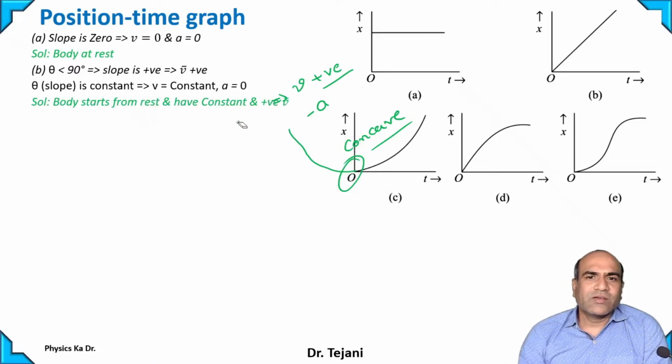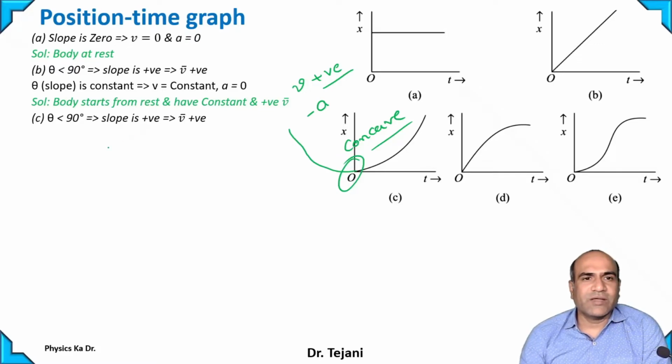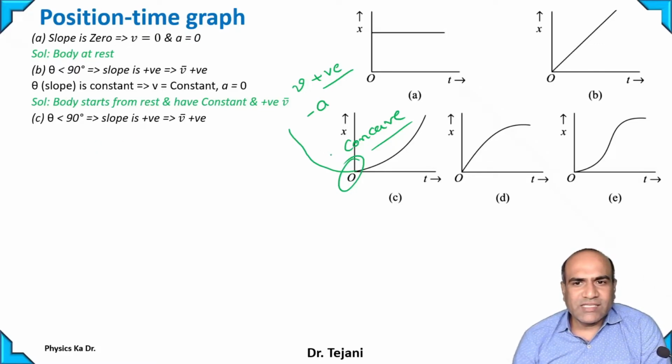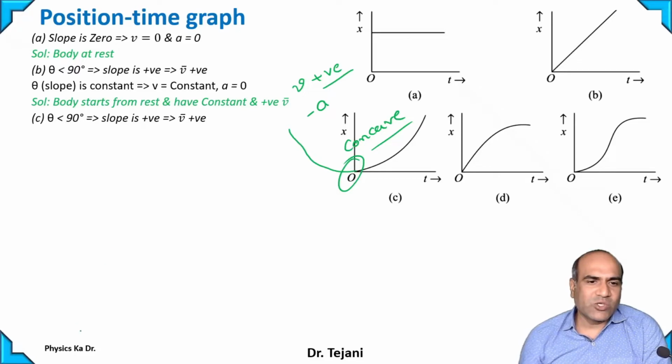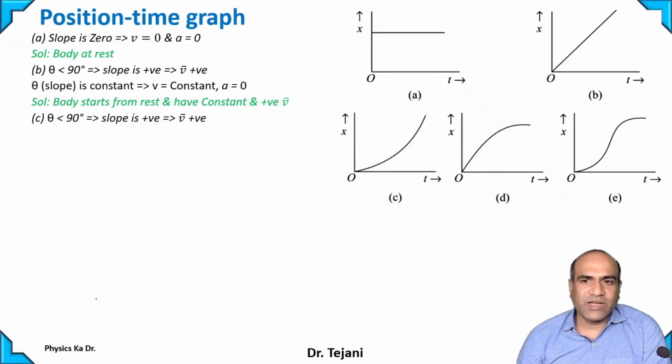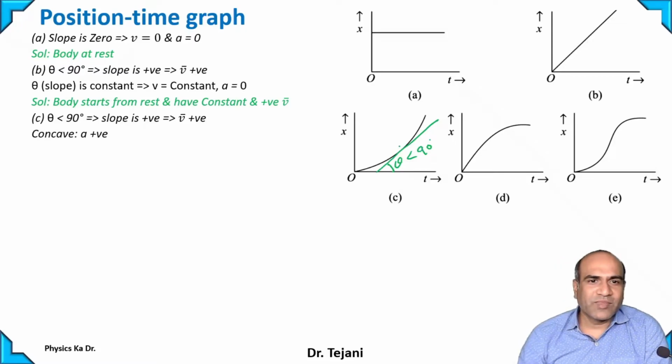So let us again see. Theta is less than 90 degrees, already checked. So slope is positive. Taking the tangent, theta is less than 90 degrees, so slope is positive. Then what is next? The shape of this curve. This entire curve is concave.